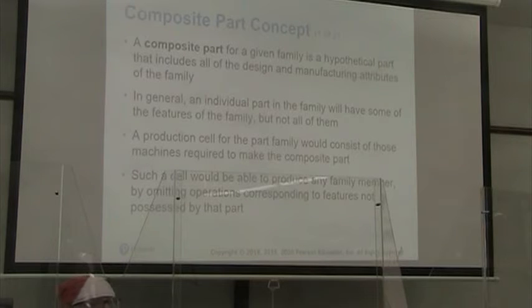So, a production cell for our part family would be all the machines required to make our composite part. If we had a cell like this, we would be able to produce any family member and omit all the operations for features that aren't possessed by the composite part.